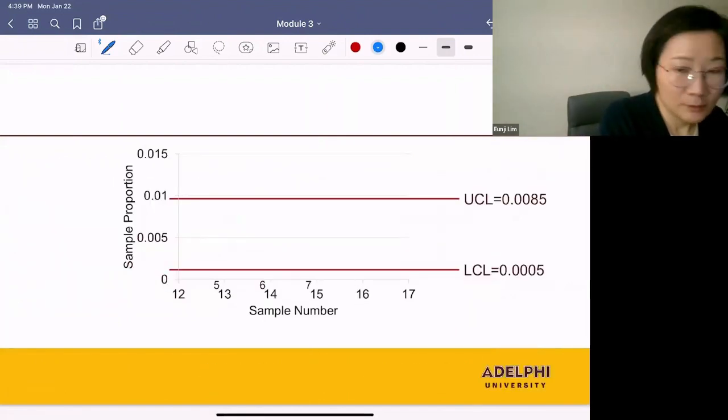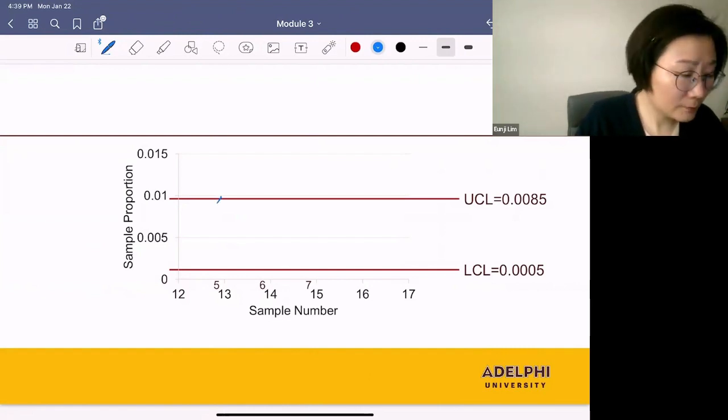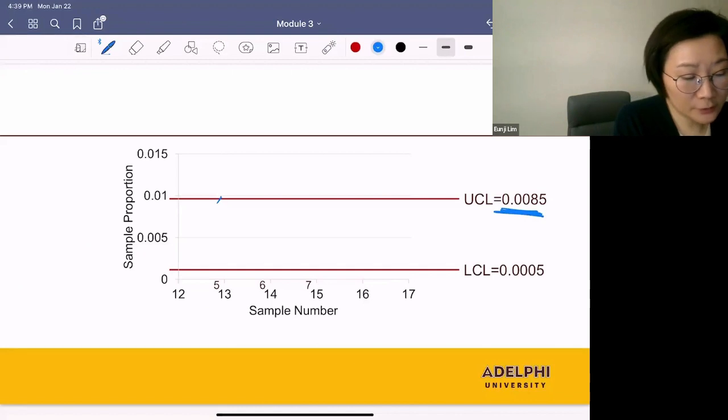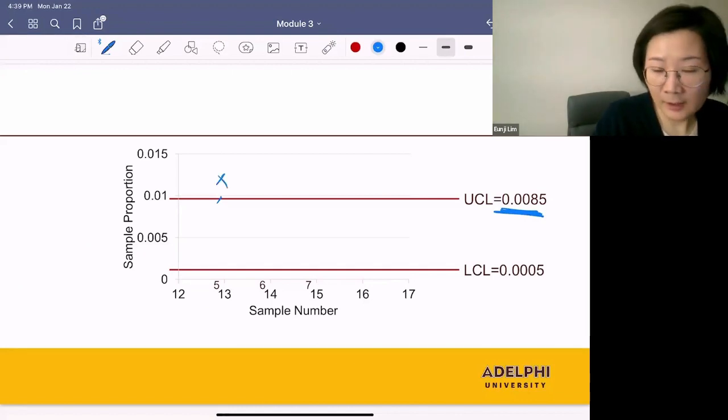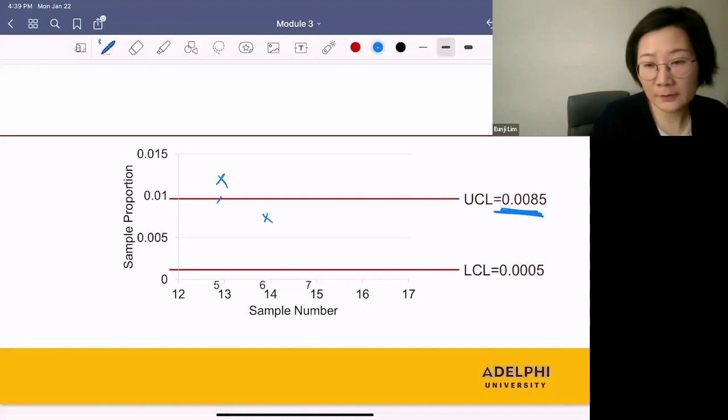So the first one, 0.0096, compared to the upper control limit, is above the limit. And the next one is 0.0060, that's below the upper control limit.